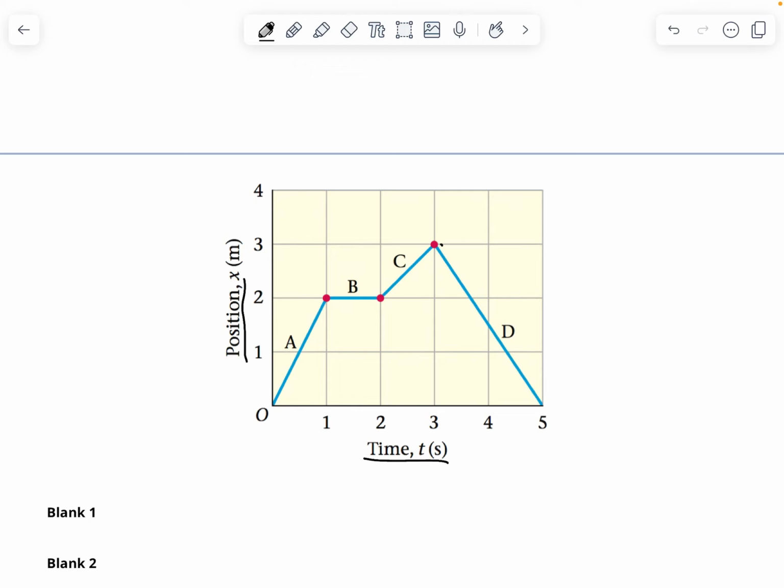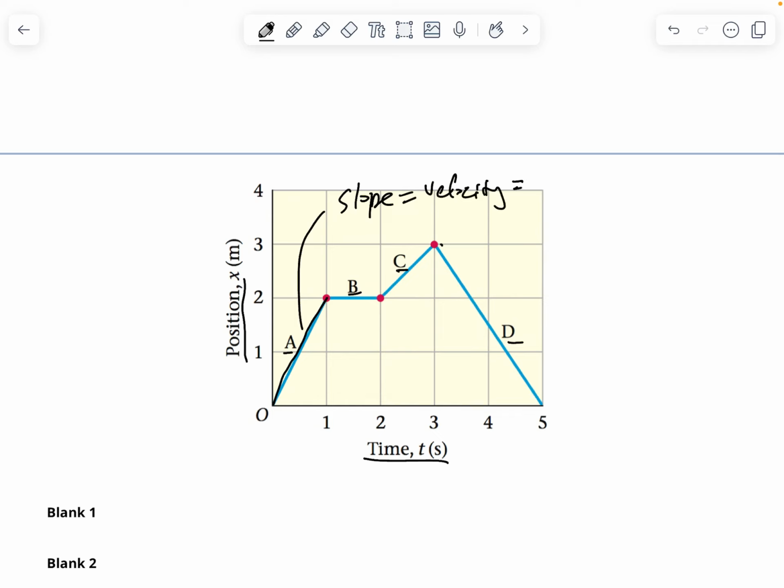So you look at A, B, C, D to find the slope on those segments. For A, this is a straight line. The slope here is your velocity. Slope is the velocity, so what's the slope?